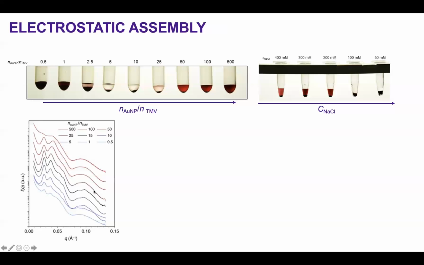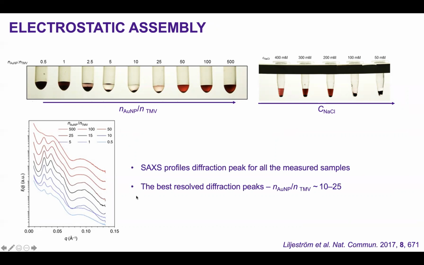Typically, to gain some structure factor, you do small angle X-ray scattering. Small angle X-ray scattering can often reveal if there is a new type of structure. Of course, there is an optimum ratio.